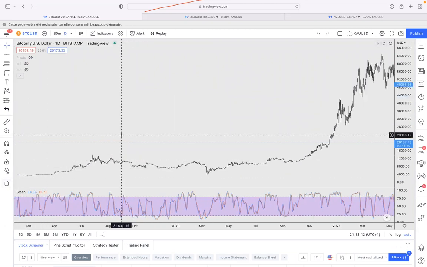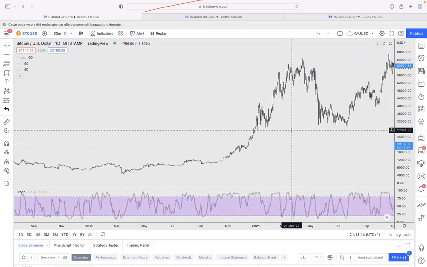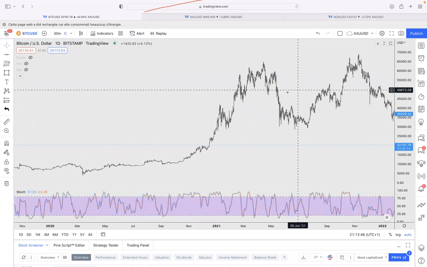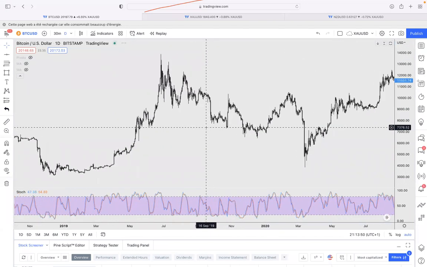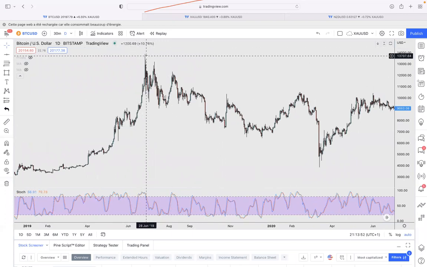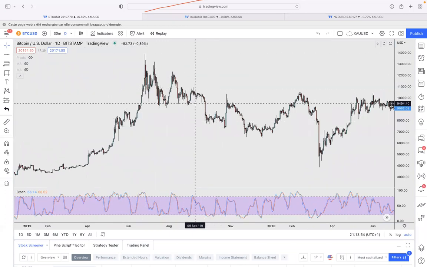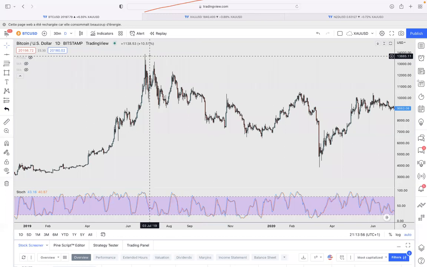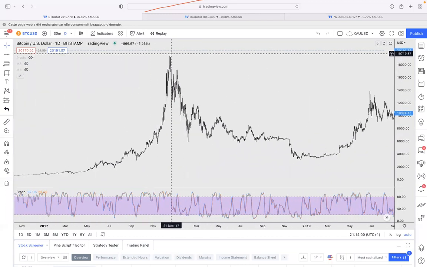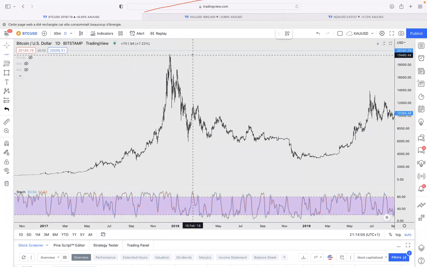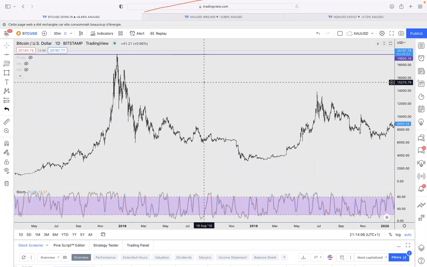Now we have the new bull run, okay? But before, in 2017, when we had the first bull run and Bitcoin initially hit the level of $19,600, we can see here, then it dropped back, my fellas.